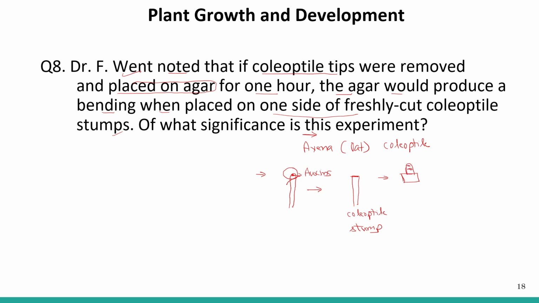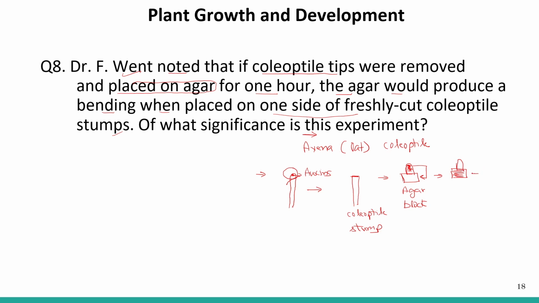So initially auxin were present here in this shoot tip. Then this auxin diffuses into the agar block. Then the auxins reach the agar from the shoot tip or the coleoptile.